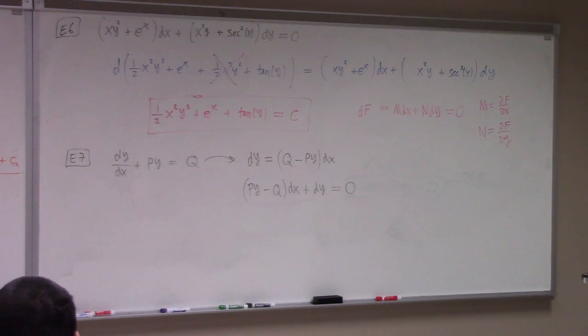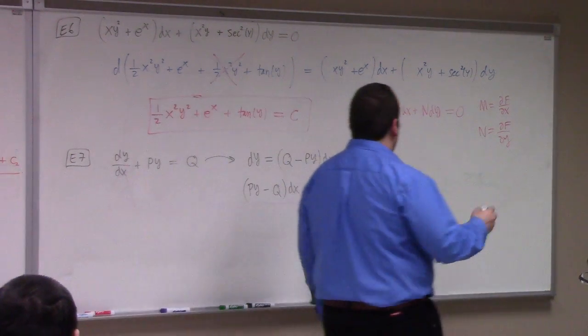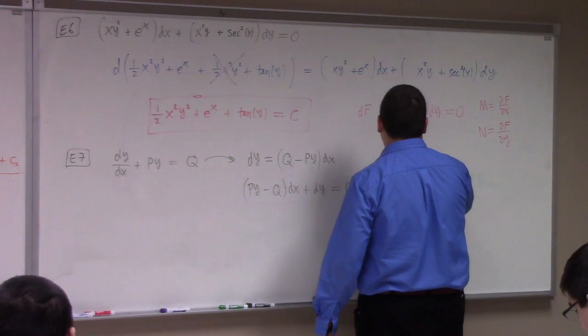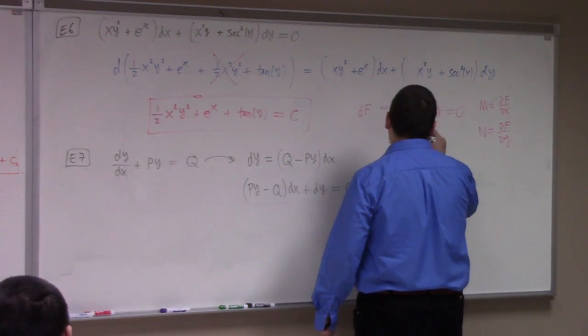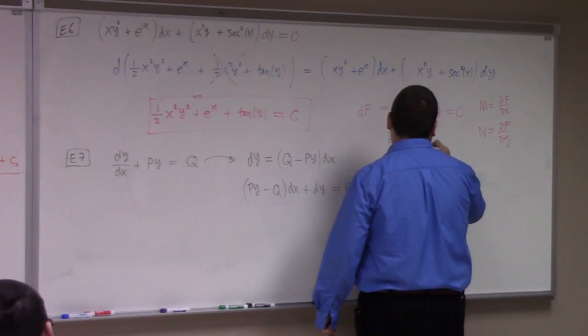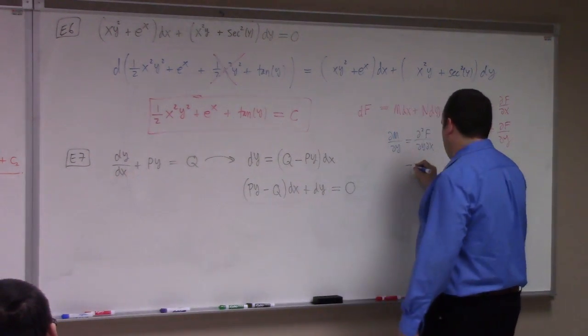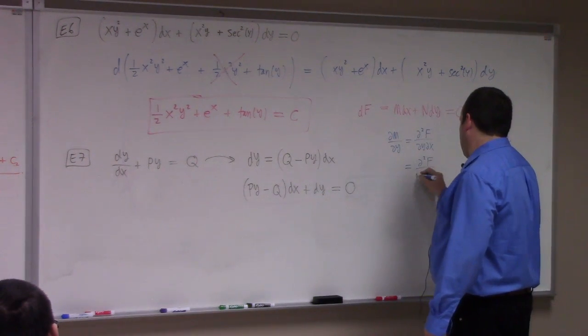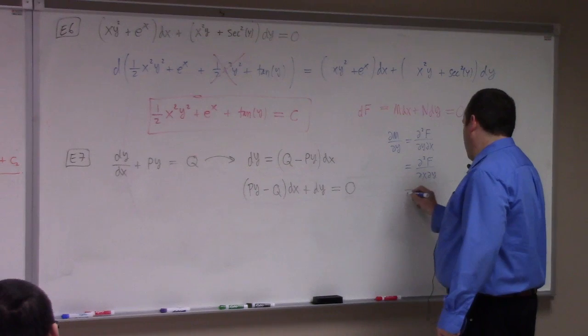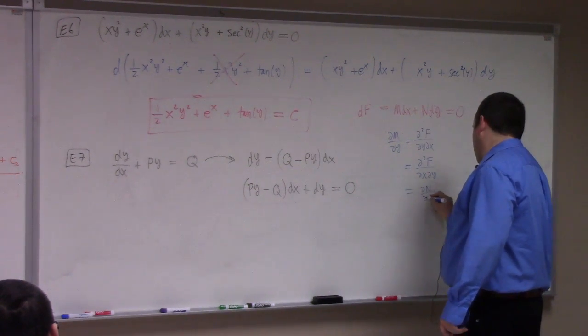But how are the partial derivatives connected? If we calculate partial M, partial y, that's partial squared f, partial y partial x, which is partial squared f, partial x partial y, which is partial N, partial x.